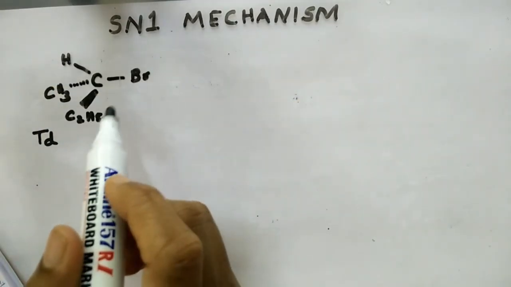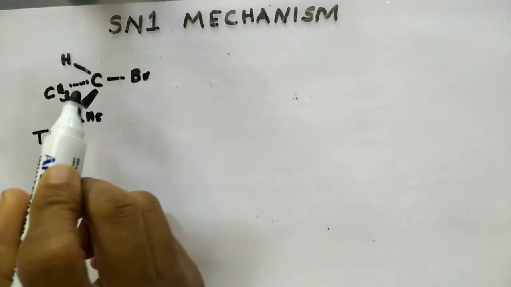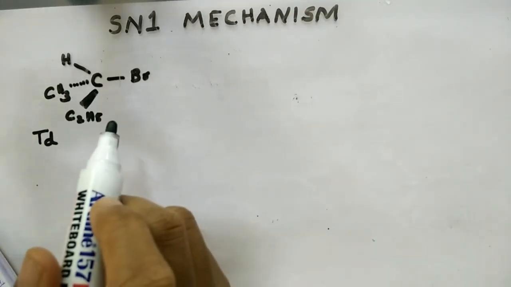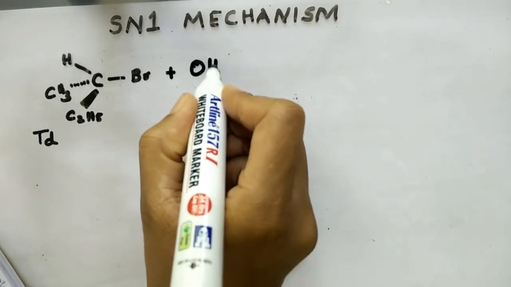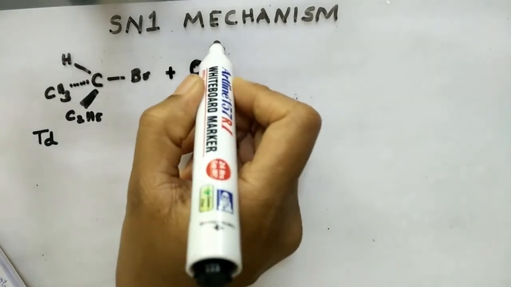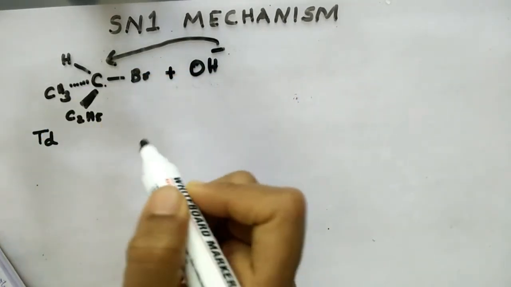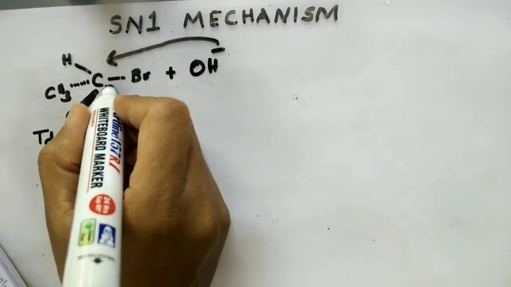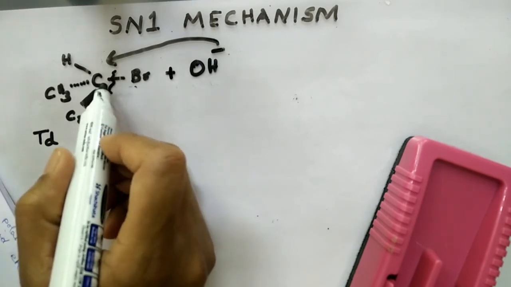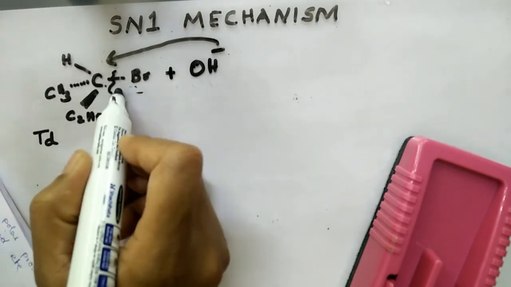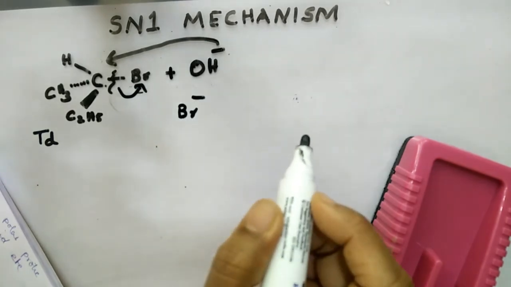This mechanism is carried out in two steps. First one, formation of carbocation. When the nucleophile approaches, here we are taking OH minus as a nucleophile, what will happen to this bond? The carbon-Br bond breaks and heterolytic bond cleavage takes place. That means the electron pair will move to the bromine atom and bromine attains a negative charge.